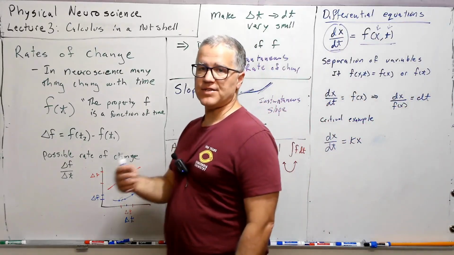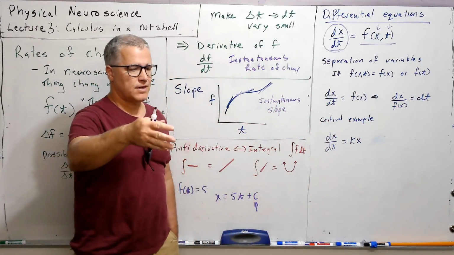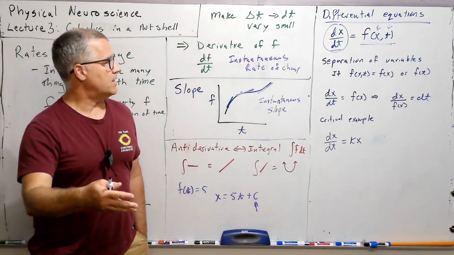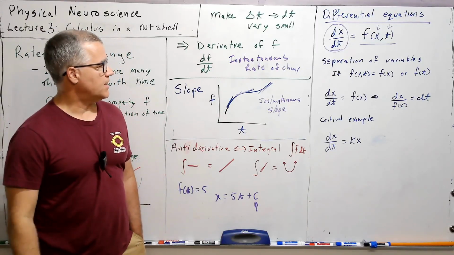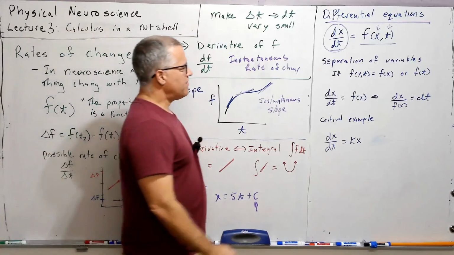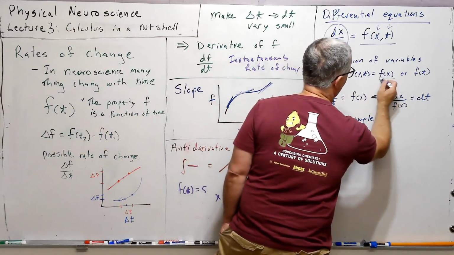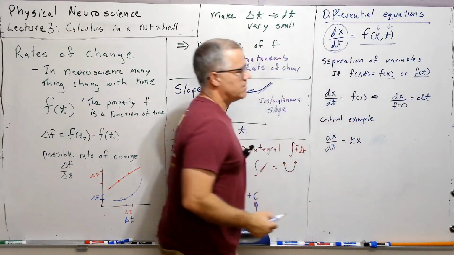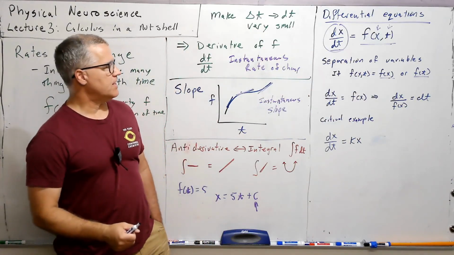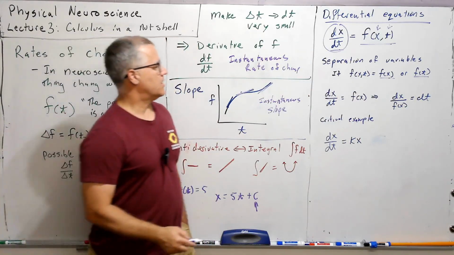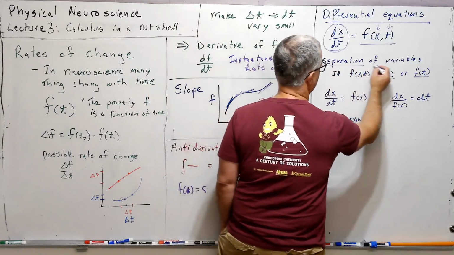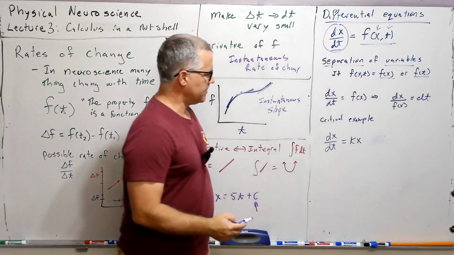So if x depends on time, this function can depend on x itself, or it could depend on time. Now, it is often the case that it's one or the other, right? Not always, certainly not always, but it often is. And then we can use what is called separation of variables as the technique.